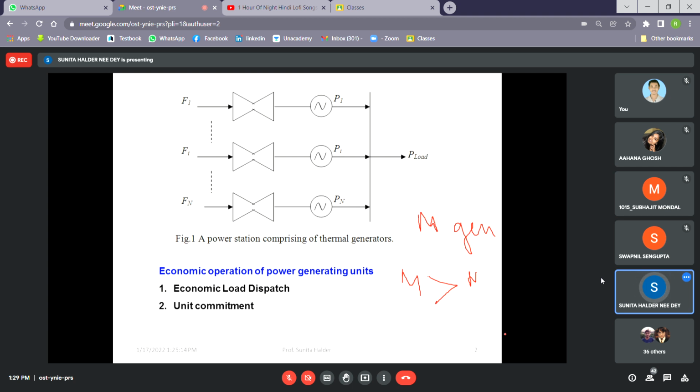Then it is required to select those n generators from the m generators. So selection of generators economically from a set of generators to load them economically is called unit commitment, right? So unit commitment selects the unit. Unit means the generating unit which will generate power. And economic load dispatch schedules which generator generates how much.